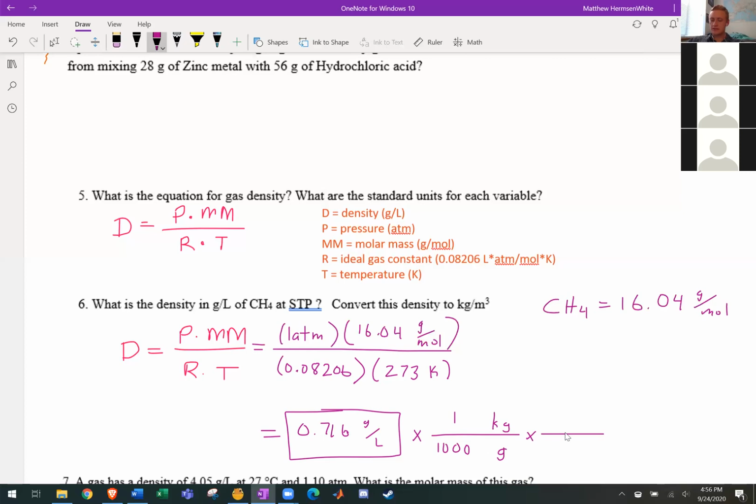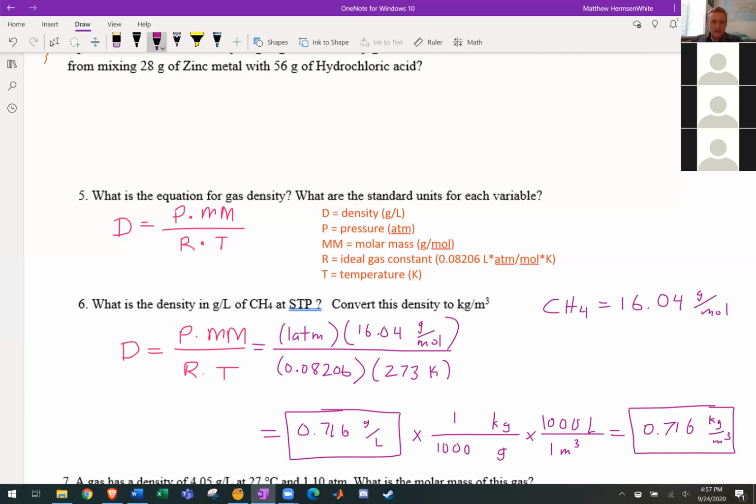And then to convert liters to cubic meters, 1,000 liters is 1 cubic meter. Essentially you're just dividing and multiplying by 1,000, so this actually comes out to be the same. Fun fact. So same thing, 0.716 kilograms per cubic meter is the gas density.